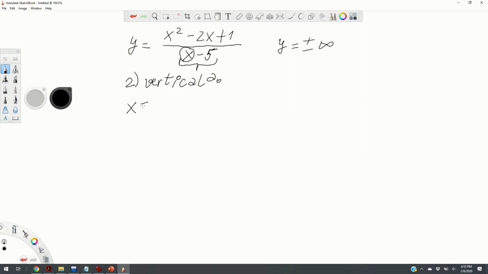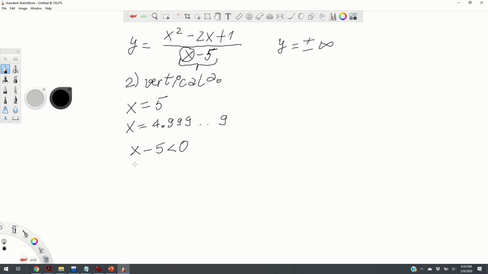Obviously, when x is equal to 5, the denominator will be 0. Now, if x is equal to 4.9999, many nines, the denominator will be very small and it will be a negative value.